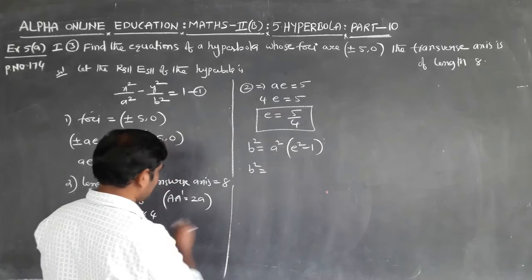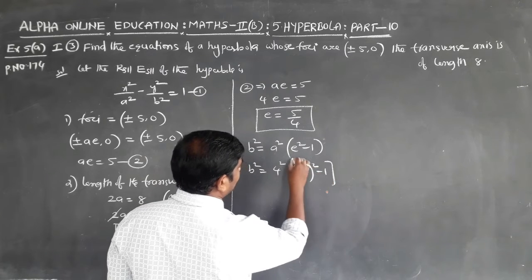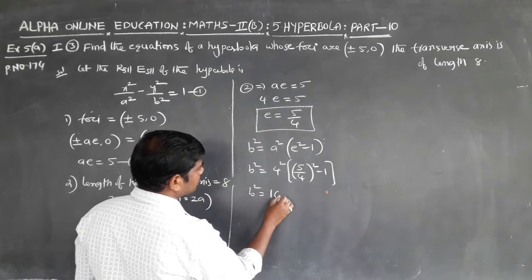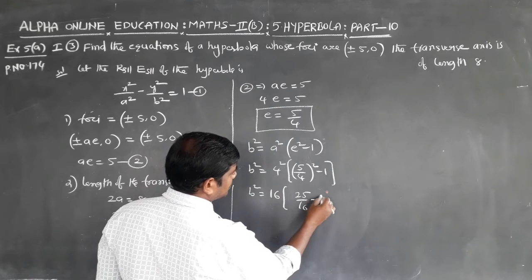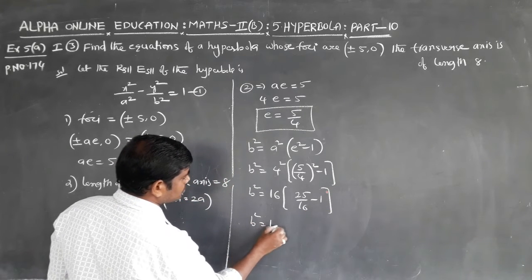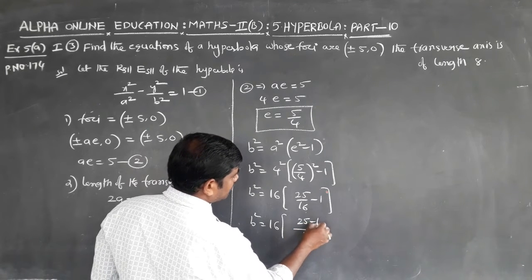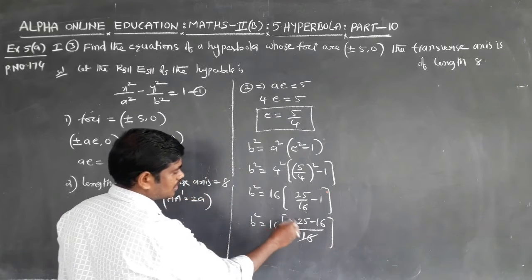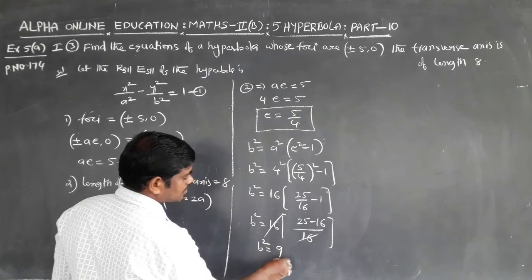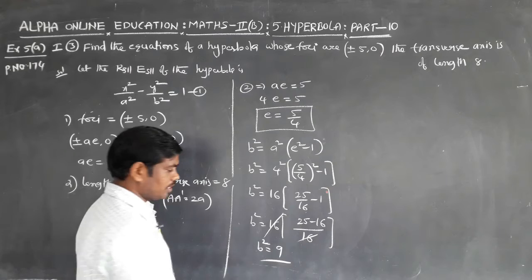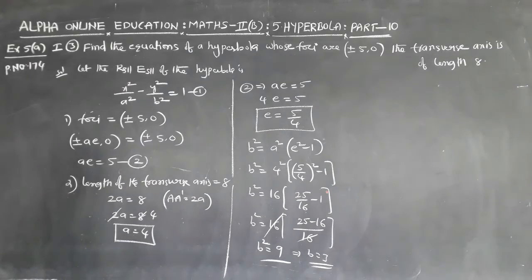Taking LCM 16, b² = 16 × (25 − 16)/16. The 16s cancel, so b² = 25 − 16 = 9, so b = 3.